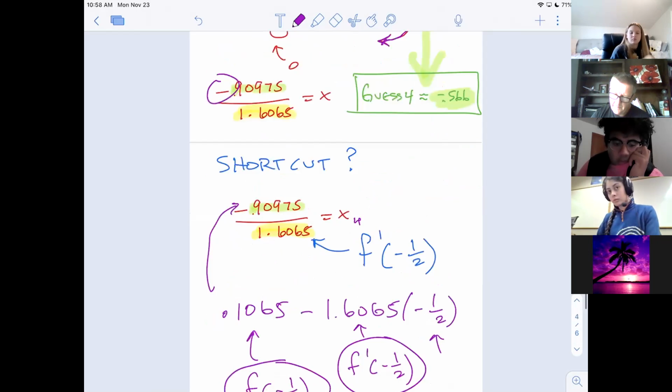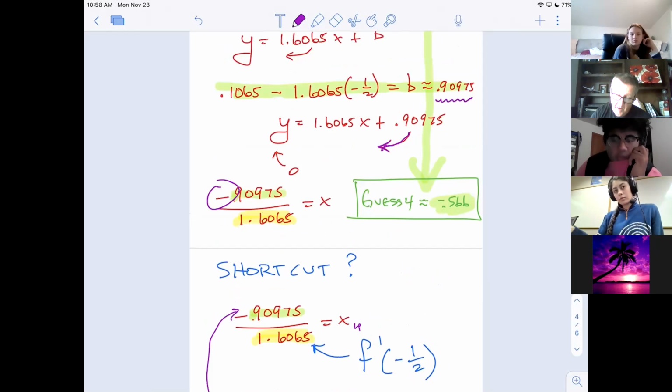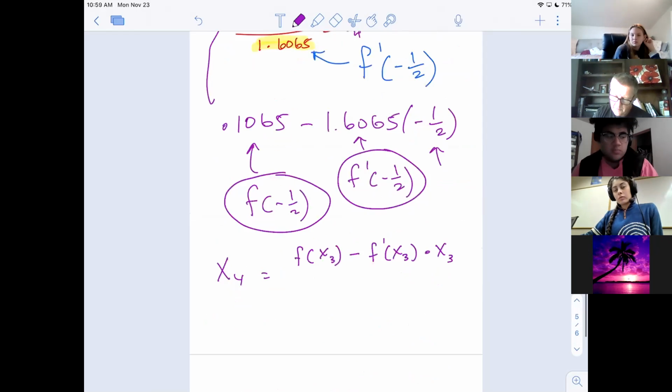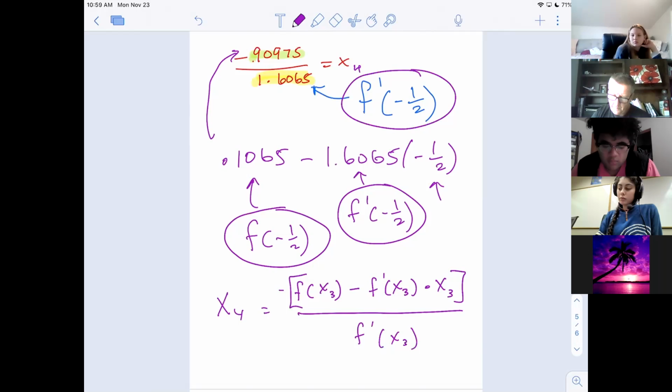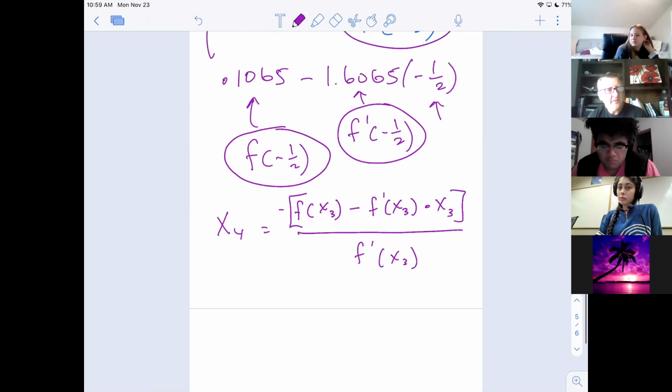Notice we got a b value of positive 0.909, but in our x it was actually negative. So I actually have to multiply this whole thing by a negative. And then the denominator was just this back here, f prime of our value. So this is a recipe for how to get from one value to the next.